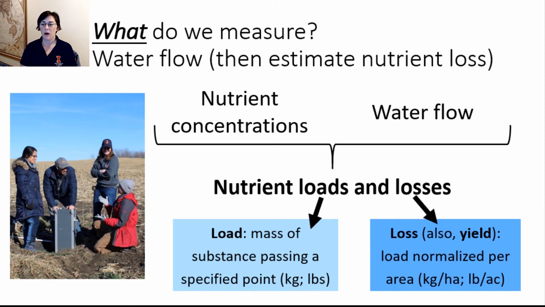Loss is sometimes called yield, a yield of water or a yield of nutrients. And that'll sound familiar because we obviously talk about grain in terms of yield, and that yield is area normalized, bushels per acre. And the term loss should also sound familiar because we call our Illinois nutrient strategy the Illinois Nutrient Loss Reduction Strategy. That's no coincidence.